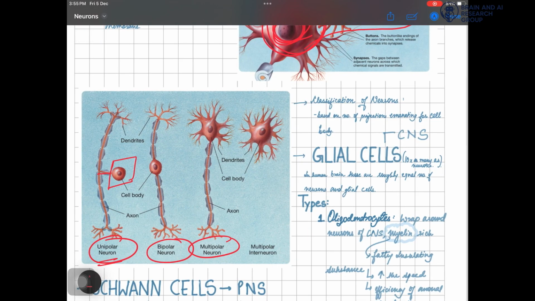It is basically based on the number of projections emanating from the cell body. So from this cell body, only one projection is going on. Hence, it is known as unipolar. Now in the second figure, from the cell body, there are two extensions going on. Hence, it's bipolar. And when from the cell body there are multiple projections going on, then it is known as multipolar. Okay, so I hope we are clear with the basic structure of the neuron.